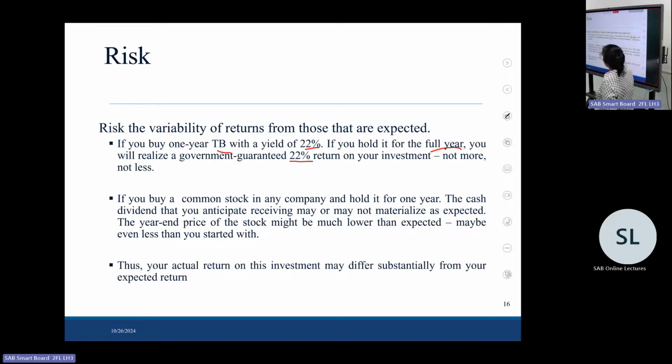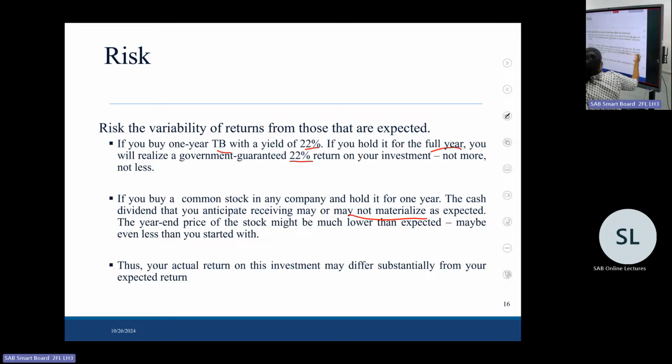If you buy the common stock of a company and hold it for 1 year, the expected cash dividend you anticipate receiving may or may not materialize as expected. You expect some dividend if the existing economic conditions continue. But if the economy goes worse, it can decline. If the economy booms, you will have more than expected.